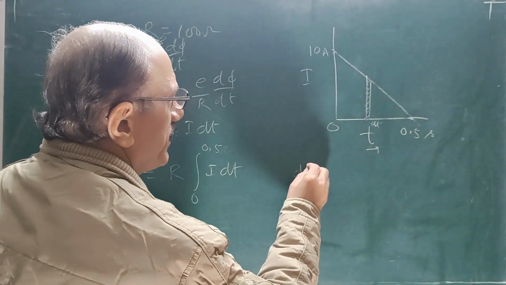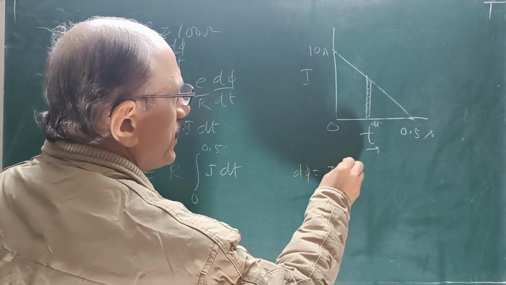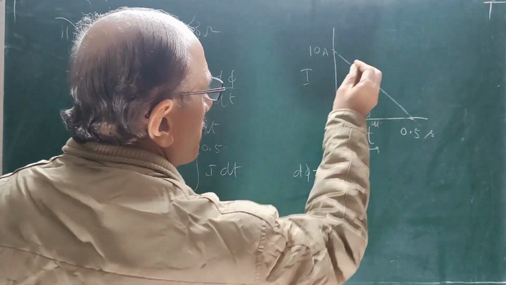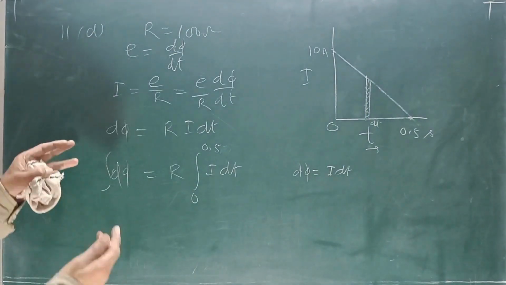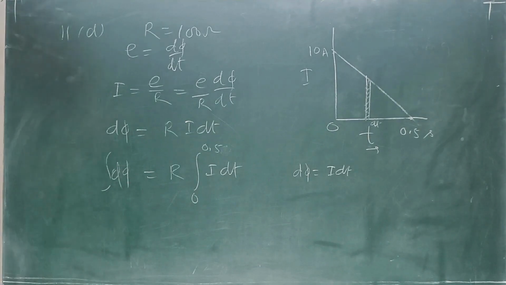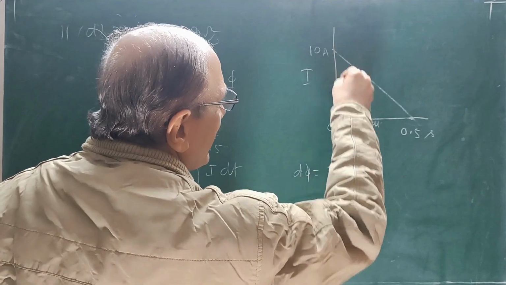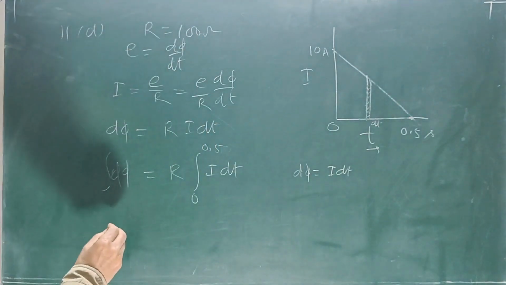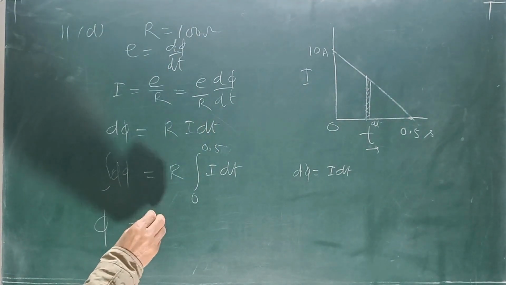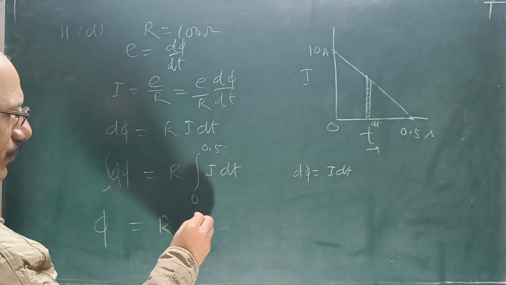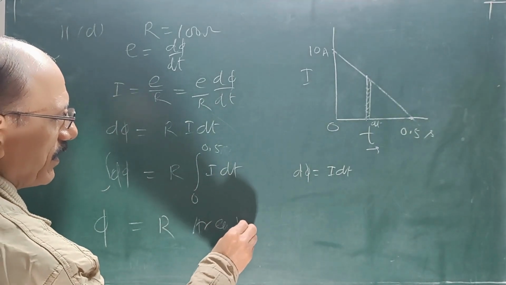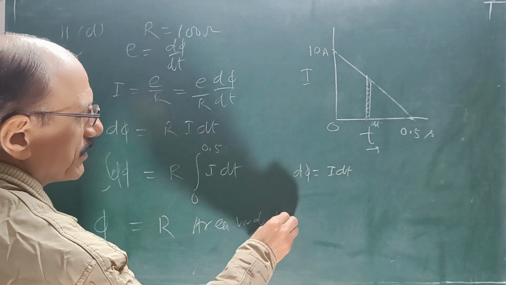So d phi will be equal to I into dt. So this is the area of the strip equal to d phi. If we have to integrate this for the whole or total flux, then we can take the area under the graph. So that means this phi will be equal to R into the area under the graph.